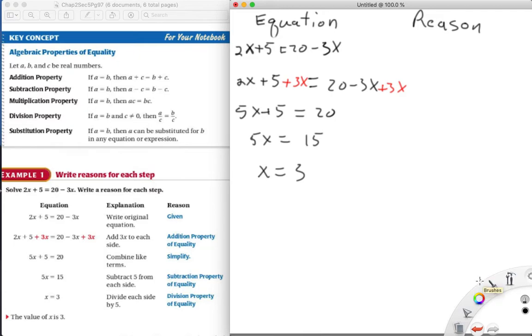Now, in the world of proofs, we just have to justify it. The first line is always given to us. The problem gives us the scenario. That's the easiest thing. We will always have this as our first line. For our second reasoning, we're adding 3x to both sides, so it's the addition property of equality. The next thing we're doing is the 3x's cancel, the 2x and 3x over here cancel, so we're just simplifying.